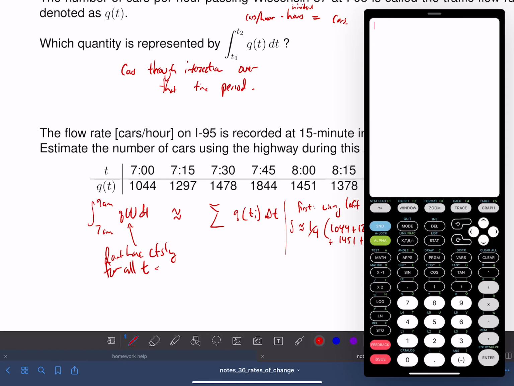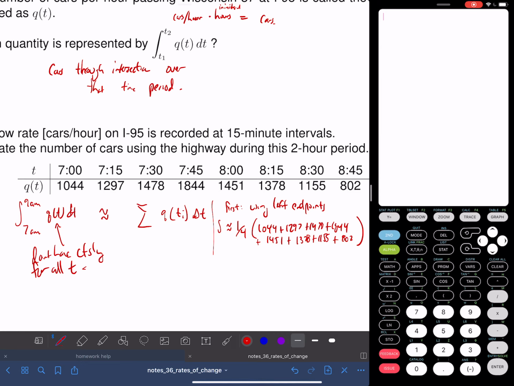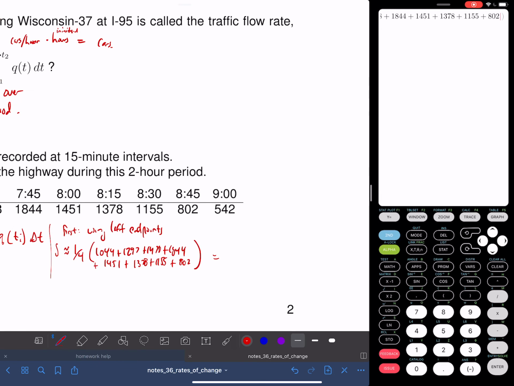All right, so let's do 0.25 times, I better open a paren, 1044 plus 1297 plus 1478 plus 1844 plus 1451 plus 1378 plus 1155 plus 802, and I am explicitly going to omit that one because it's a right. So I enter, okay.